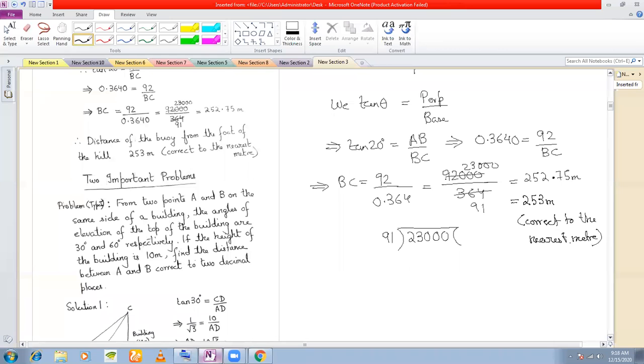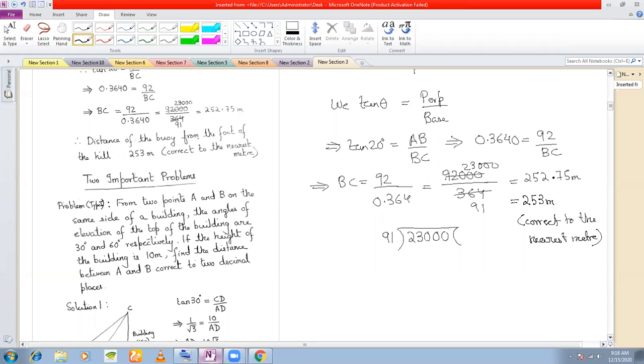If it had been, say, 252.3, then we would have written 252. If it was 252.4, then we would have written 252 only. Only if the decimal part is greater than 0.5, then we write 253. Okay, so that is what this is.